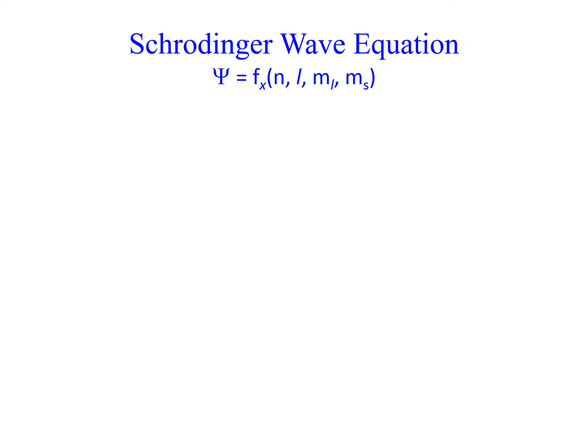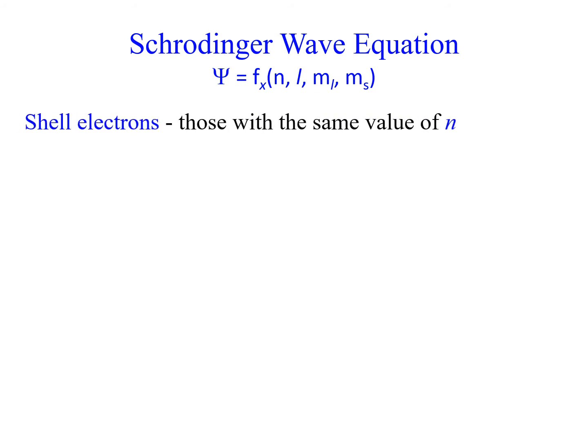Based on Schrodinger's equation, shell electrons are those that have the same value of n. So if you look at the second quantum shell, the s block, and you go to the right over to the p block, those would all have the same value of n. That'd be 2s and 2p.